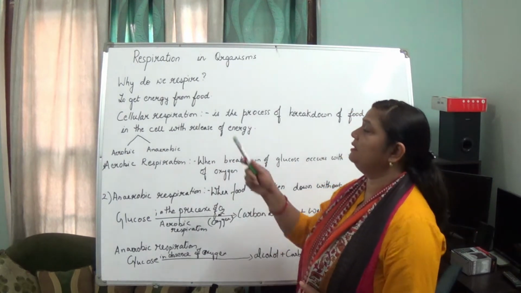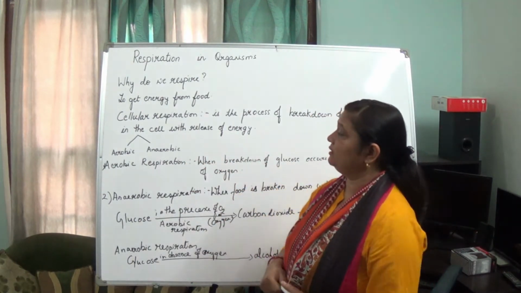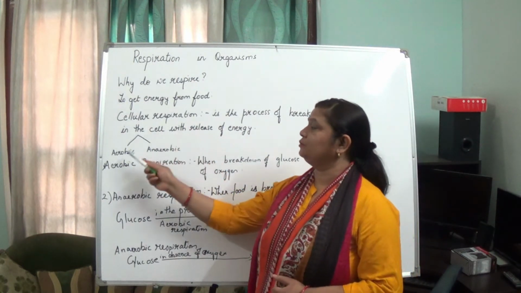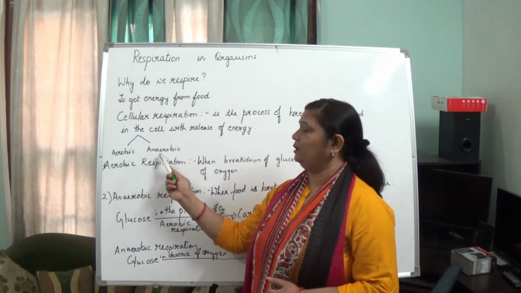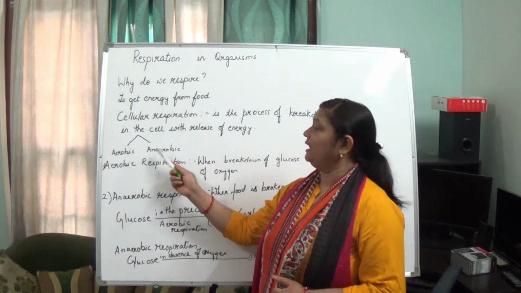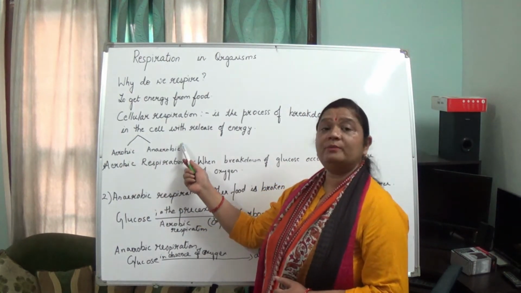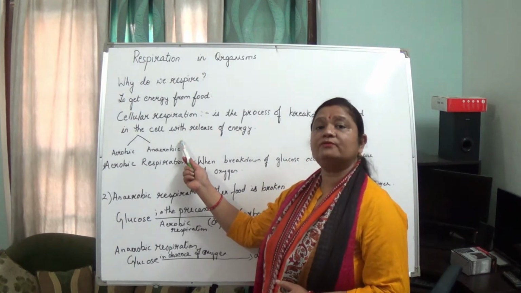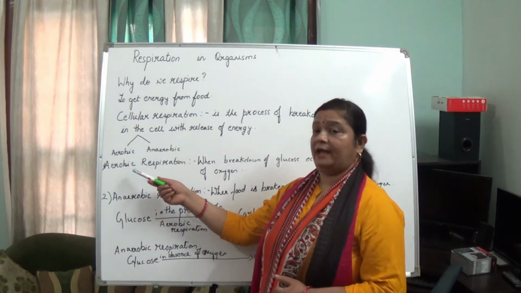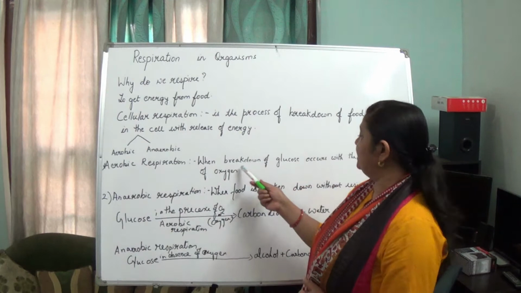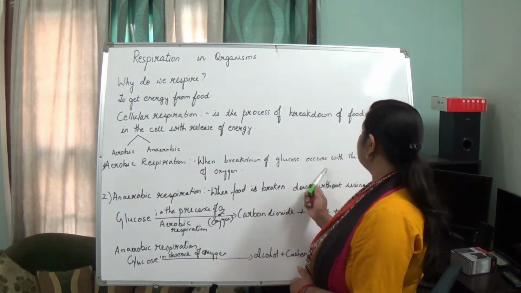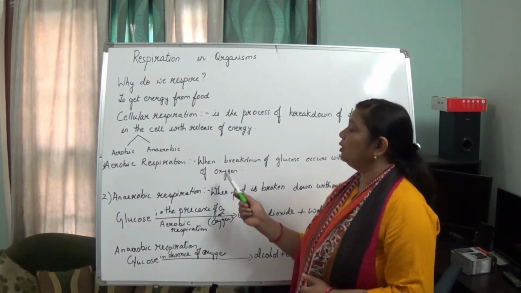Cellular respiration is of two types, aerobic and anaerobic. As the name suggests, aerobic means in the presence of oxygen, and anaerobic means in the absence of oxygen. In aerobic respiration, glucose is broken down with the use of oxygen.